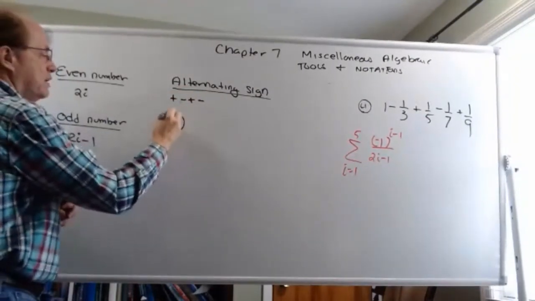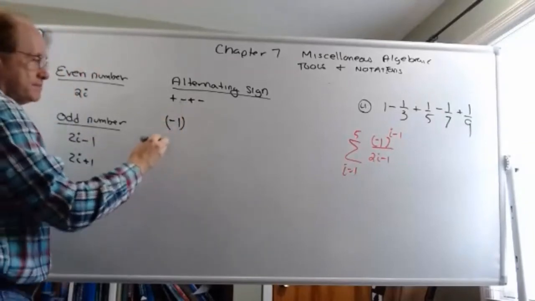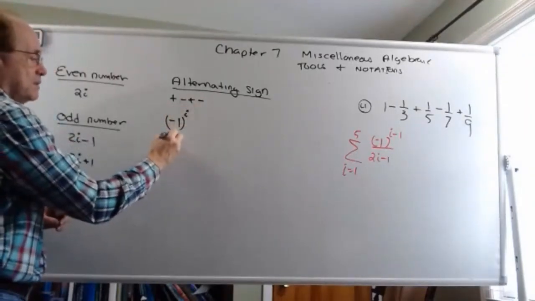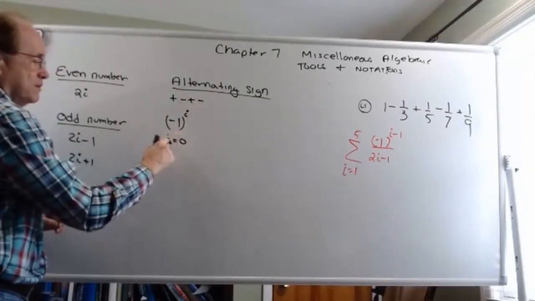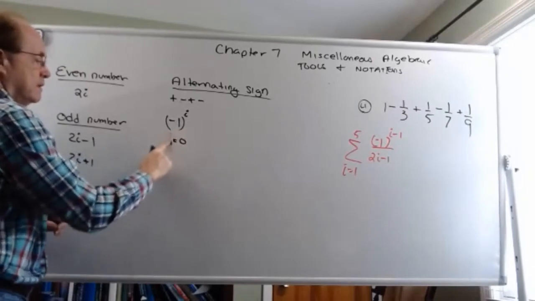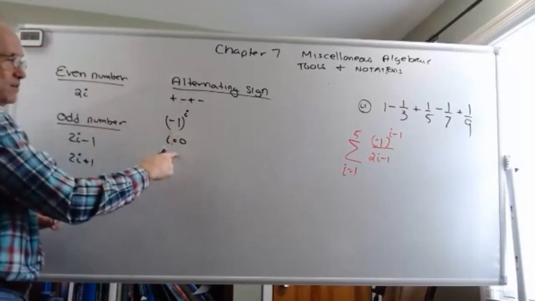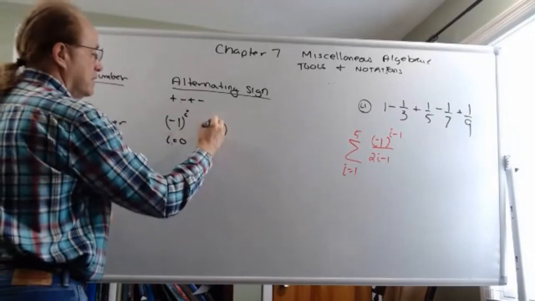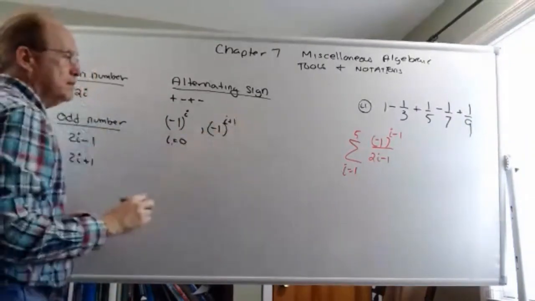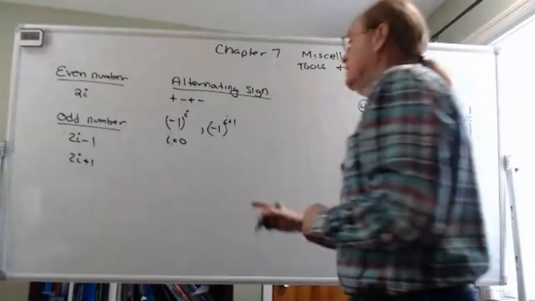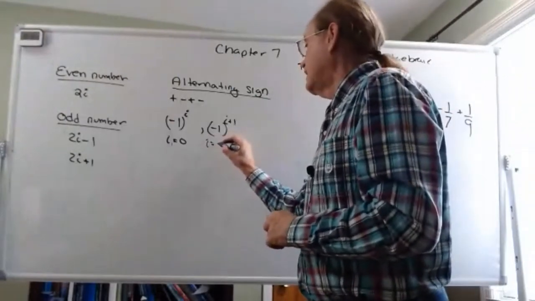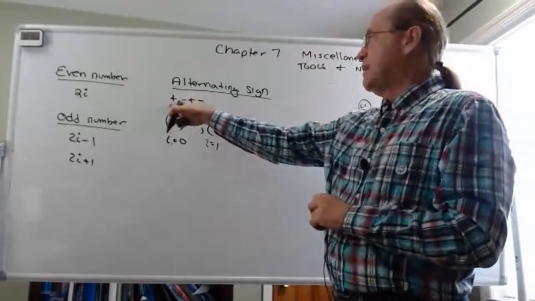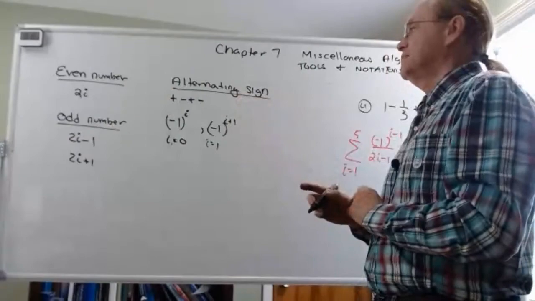So you do negative 1 to the i power, but then i would have to start out at 0, negative 1 to the 0. Or you could also write it as negative 1 to the i plus 1, and then i starts out, in this case, from 1. 1 plus 1 gives me 2. Negative 1 squared gives me positive. And the next one becomes negative.